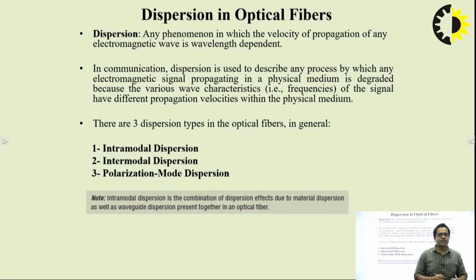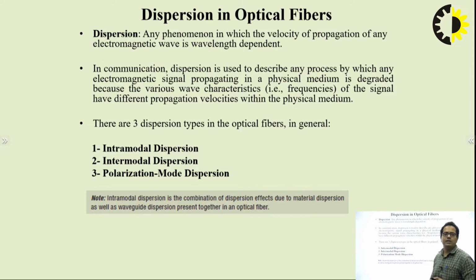Apart from that, we have polarization mode dispersion. Polarization means the orientation of an electric field. Whenever your optical wave is traveling through the fiber, the orientation of the electric field tells us the polarization of that particular optical signal.